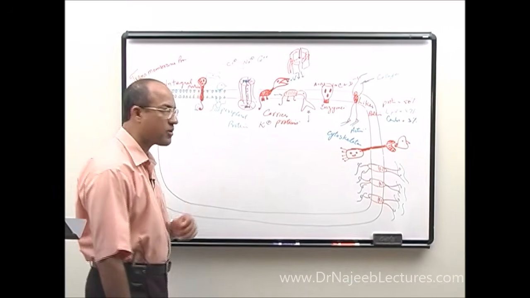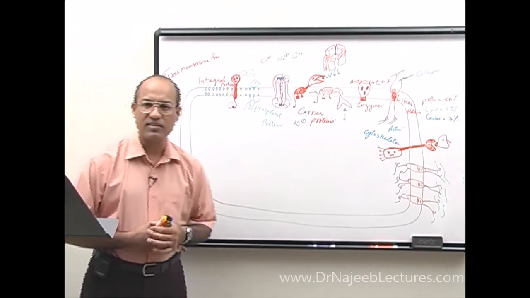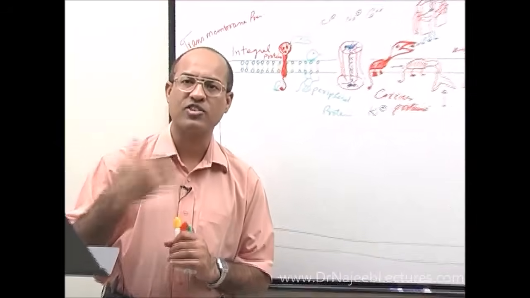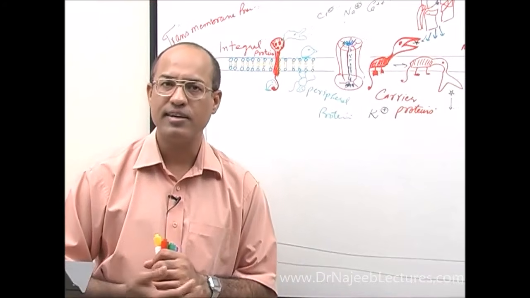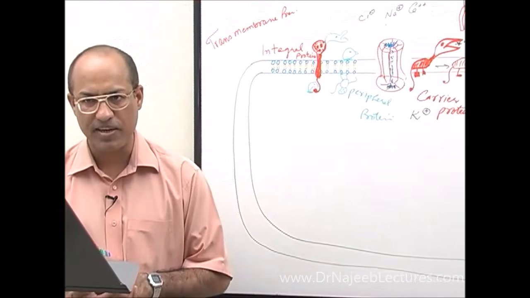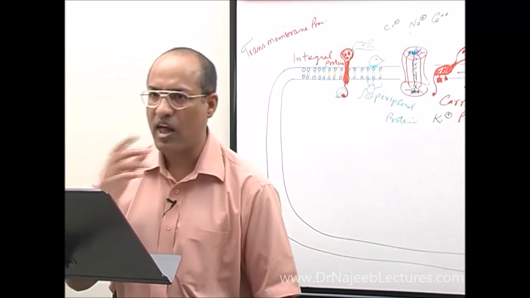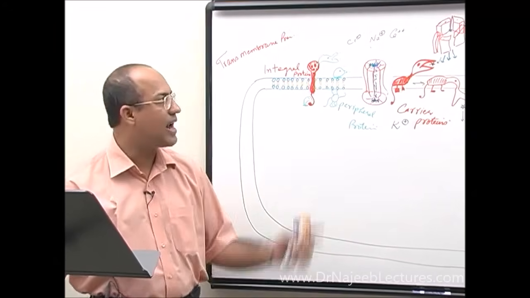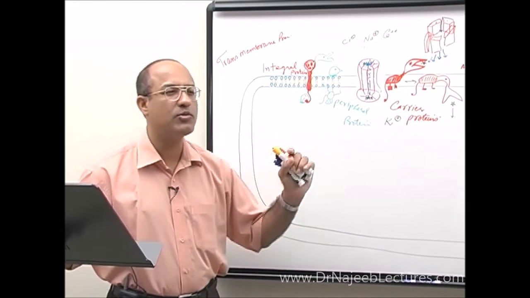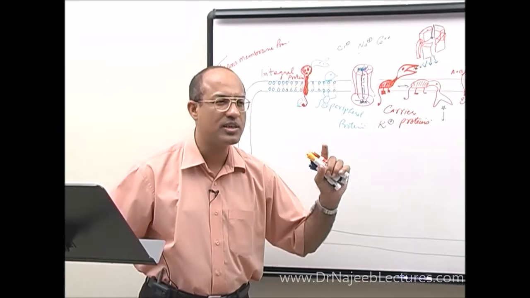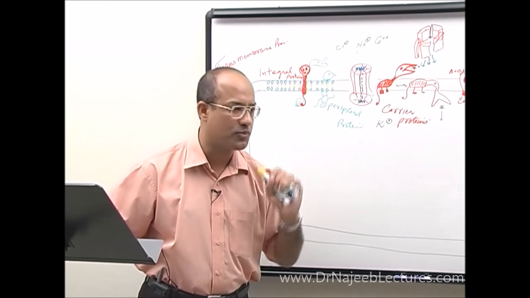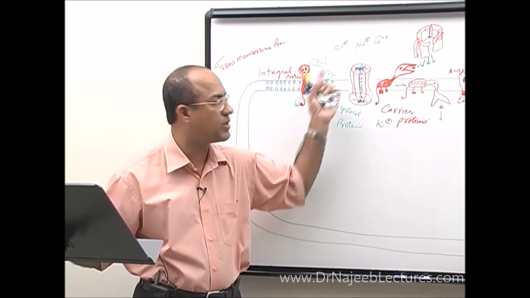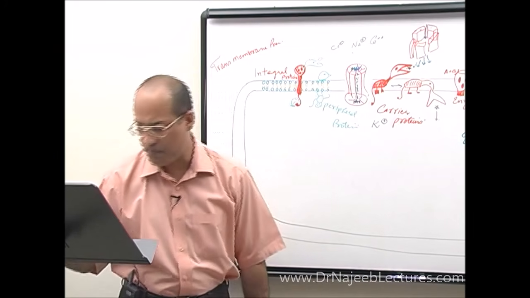And about peripheral proteins, as I told you, they are attached to the external or internal aspect of the cell membrane. Peripheral proteins are loosely, non-covalently attached, held to the membrane only by very weak electrostatic forces, so they can be disrupted very easily away from the membrane.